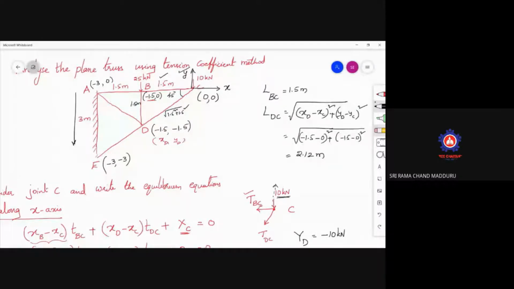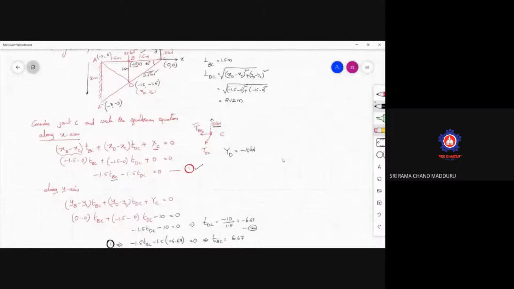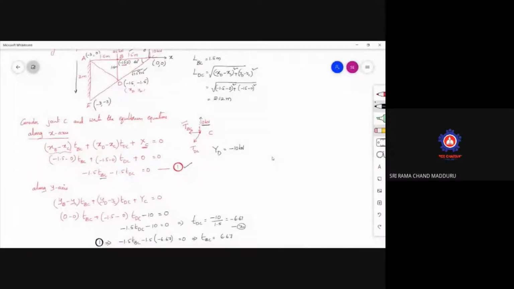Write this down. After calculating the tension coefficients, you write down the lengths of the members BC as well as DC. After getting the lengths of the members, you have to get the forces. The force in BC is the tension coefficient multiplied with the length of the member. So TBC is 6.67 multiplied with 1.5.